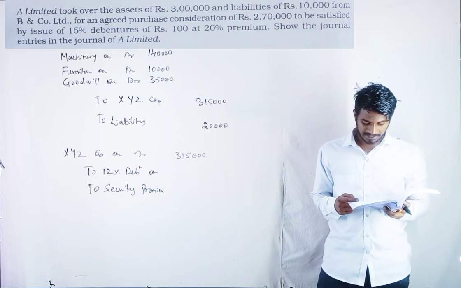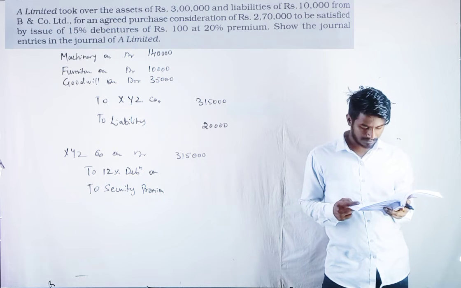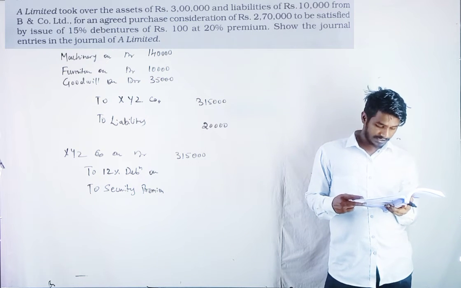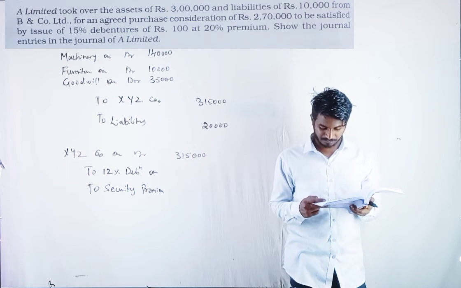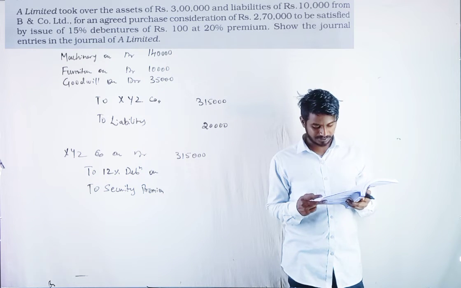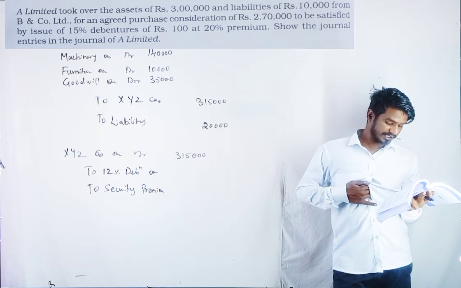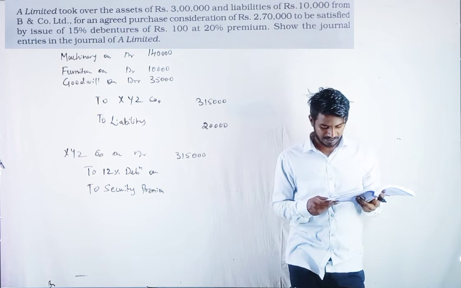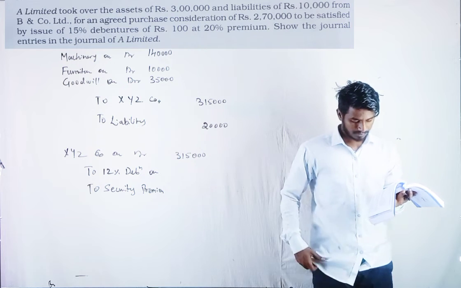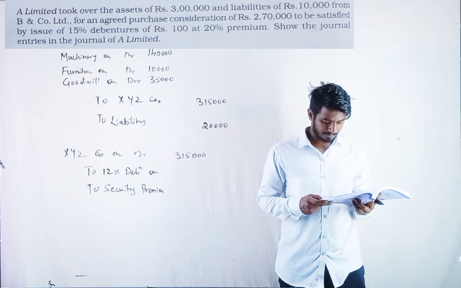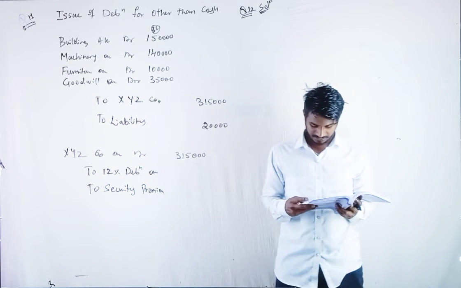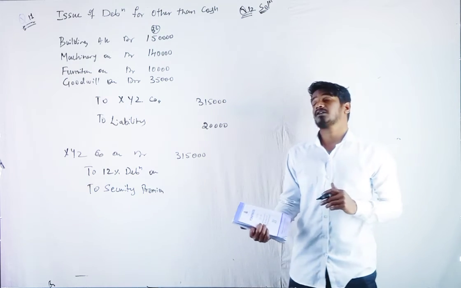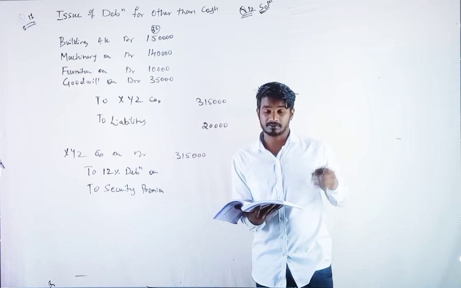A Limited took over the assets of rupees 3 lakh and the liabilities of rupees 10,000 from B and Company Limited for an agreed purchase consideration of 2,70,000, to be satisfied by issuing 15% debentures of rupees 100 at 20% premium. Show the journal entries. Shall we do the question?